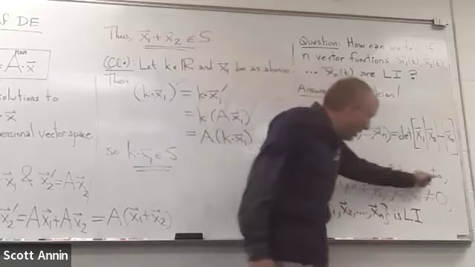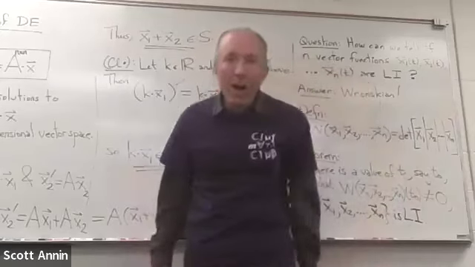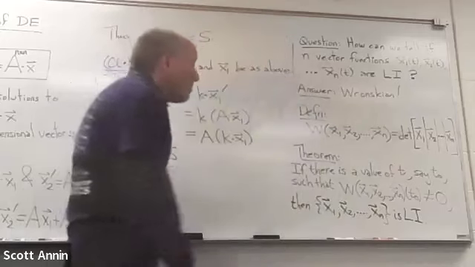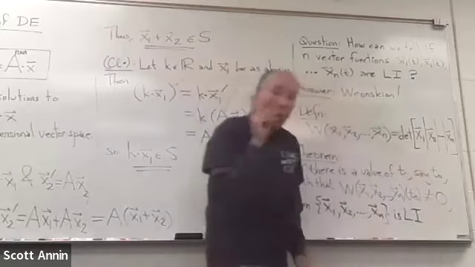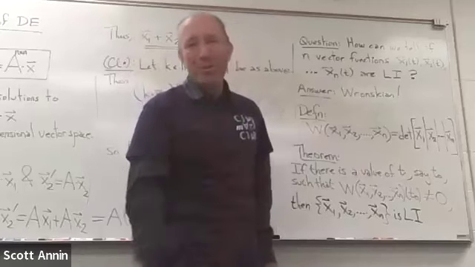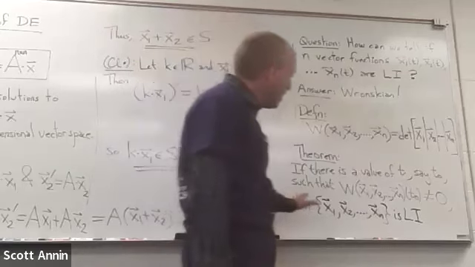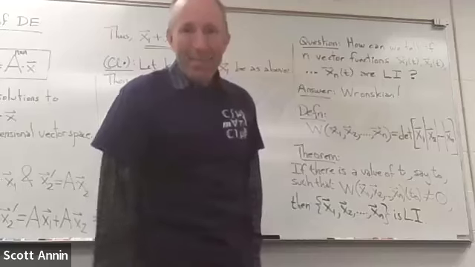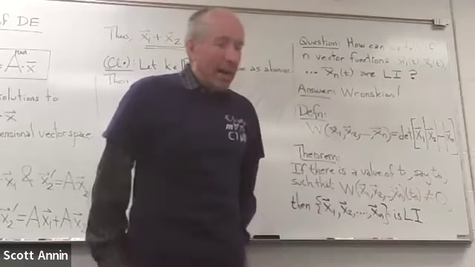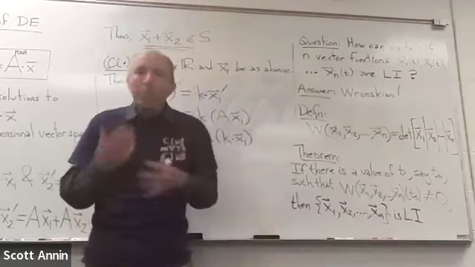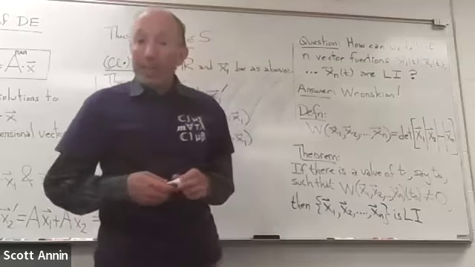If you can plug in a number for t, which I'm calling t naught in the theorem, that makes the Wronskian not zero, even one number, then your functions are LI.